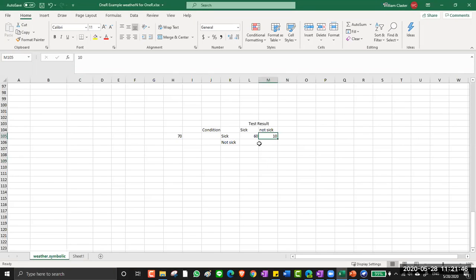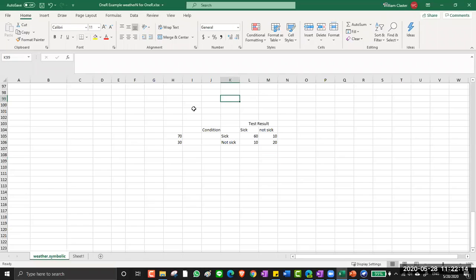And then let's say in the not sick category, there were 30 not sick, and let's say for 10 of them it shows that they're sick even though they're actually not sick, right? That's possible for a test. Tests aren't exactly right. So we get 20 here. Does everyone understand this? Yes.